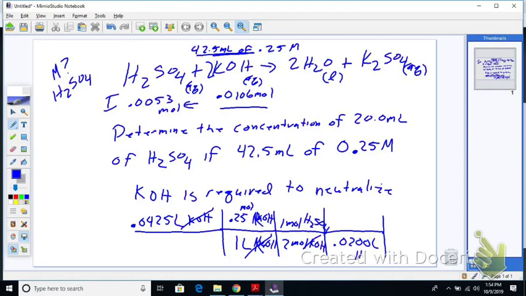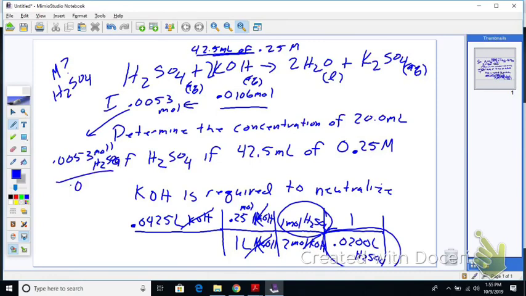And that's of the H2SO4. So I'm just going to put like 1 over that. And so I've got moles cancel. And then I got moles of H2SO4 over liters of H2SO4, and that's my concentration. If you use the ICE, then at this point you just take the 0.0053 moles of H2SO4 and you divide it by the 0.020 liters, and you get the same answer out. Okay? And that would be the concentration.